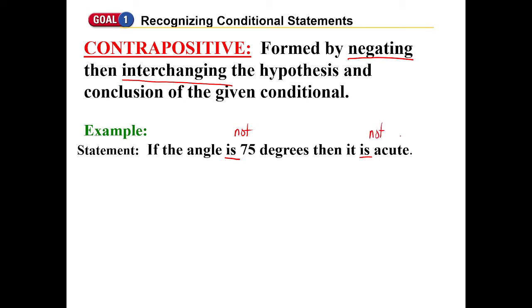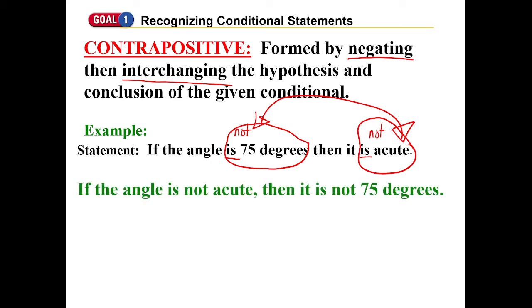Ya, ihuman, i-interchange dayon na silang duha. So, what will be the contrapositive? If an angle is not acute, kabantay mo na nasa diri, then it is not 75 degrees. There you go.